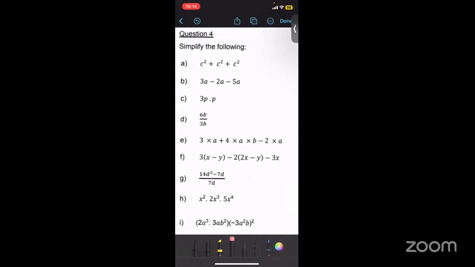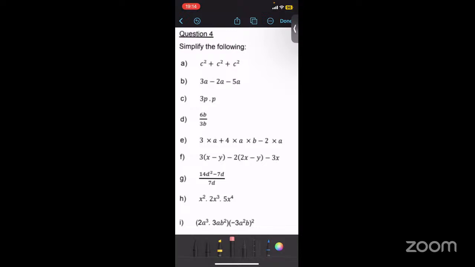And let's continue. For B, we have 3A minus 2A minus 5A. And for this one, remember I said if you have same letters with same exponent, you're just gonna add or subtract the numbers, okay?